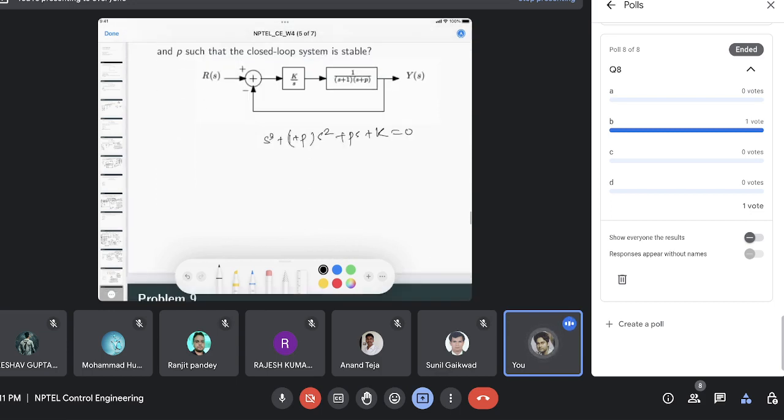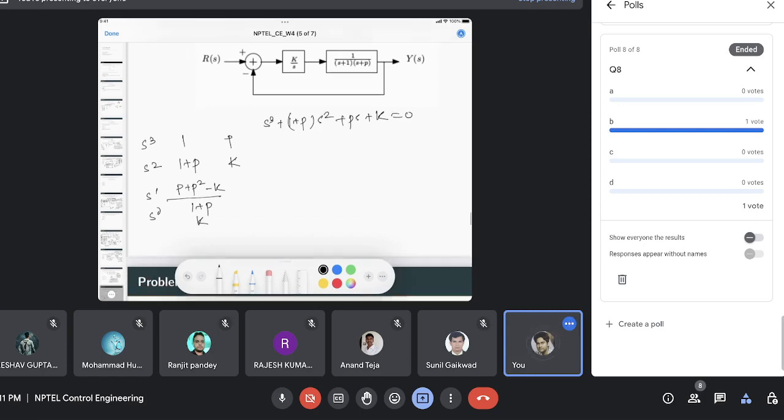So the Routh table will be: s3, s2, s1, s0; first row 1, p; second row 1 plus p and k; then p plus p square minus k by 1 plus p, and this is k. So two conditions will be: k should be greater than 0, and p plus p square minus k by 1 plus p should be greater than 0.